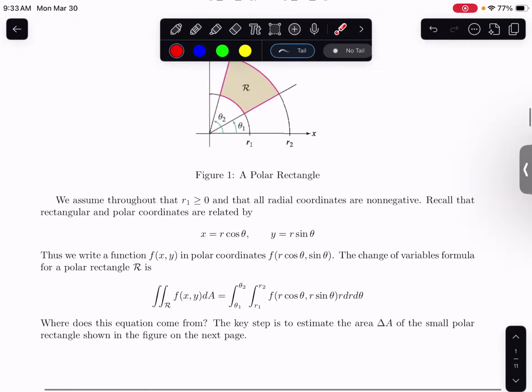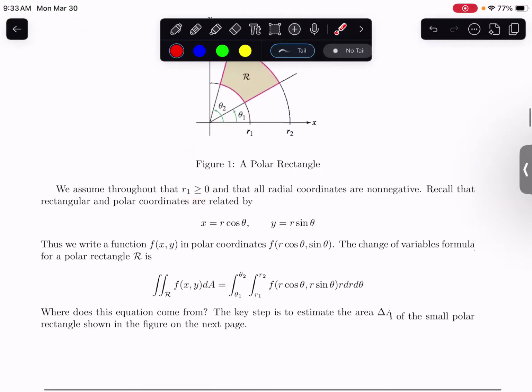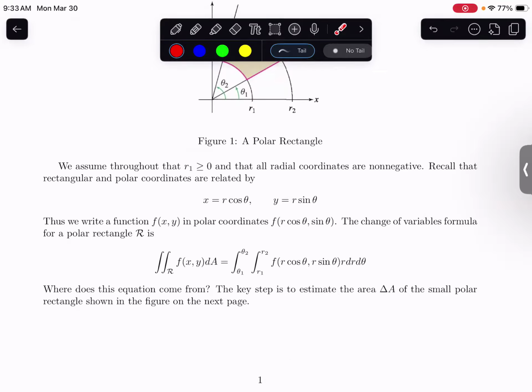And so we assume throughout that our radius is going to be greater than or equal to 0. And then we also recall that when we're doing polar coordinates, we have x is equal to r cosine theta and y is equal to r sine theta. And so if we're going from a double integral with respect to x and y to an integral in terms of r and theta, there's a part that makes sense. So f of x, y is going to become f of r cosine theta, r sine theta.